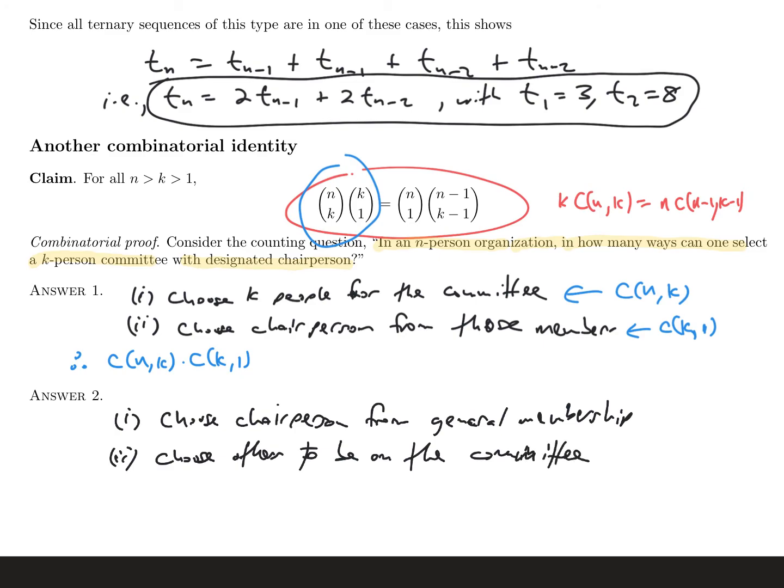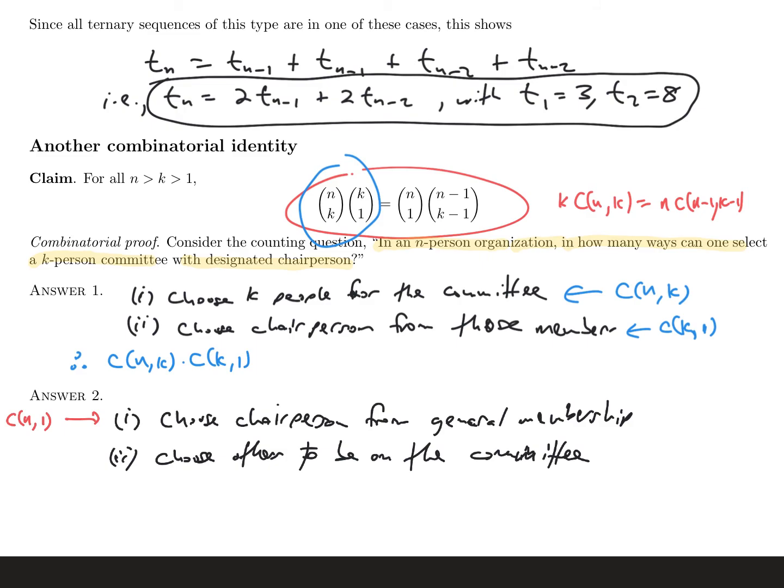So choose the other members of the committee. If I do it that way, then the number of options for choosing a chairperson from the general membership is just n choose one. I'm going to pick one person from all n people that are in this organization and say, you are going to be my committee chairperson.